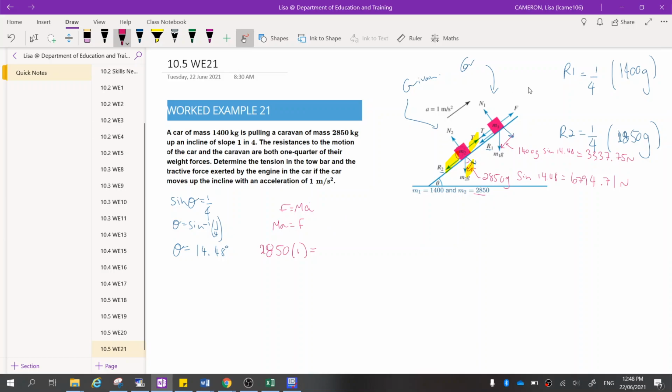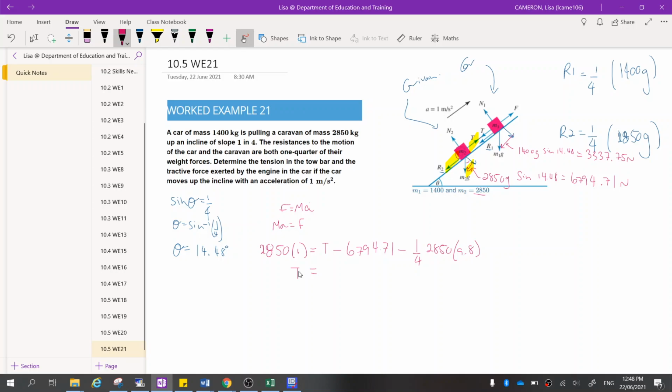Now, in this diagram, acceleration is positive that way, so we're going to be looking at T minus 6794.71, which is this vector going in this direction here, and it's negative because it's going the opposite way to our acceleration. And then we're going to also subtract the resistance force. All right, so in my calculator, I've done all the hard yards.